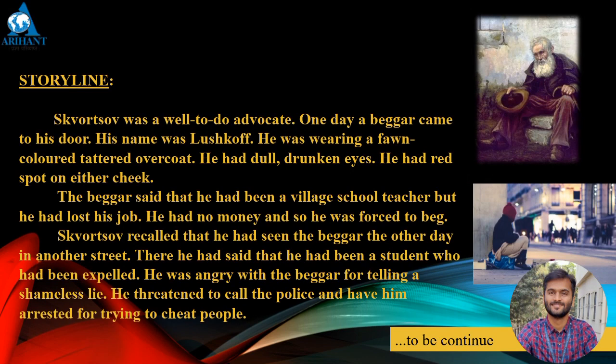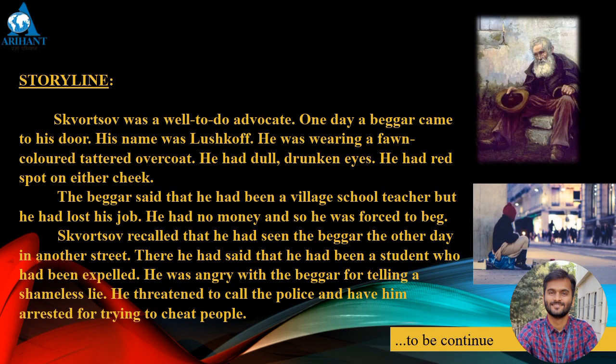He was wearing a fawn-colored tattered overcoat. He had dull, drunken eyes. He had a red spot on either cheek. The beggar said that he had been a village school teacher, but he had lost his job. He had no money, and so he was forced to beg.